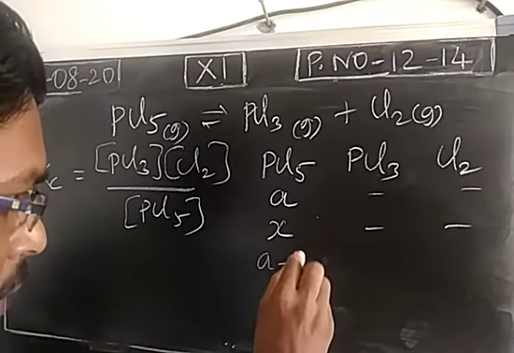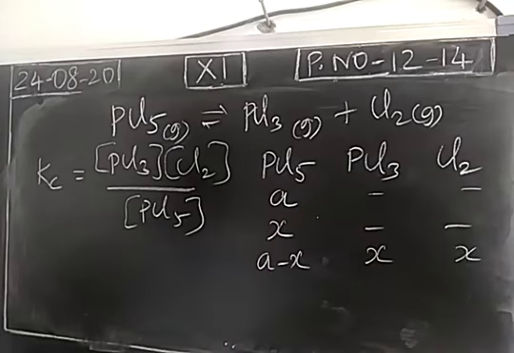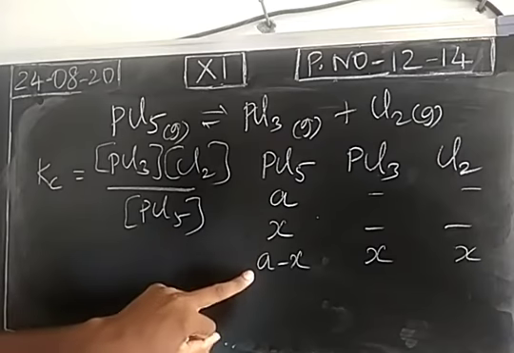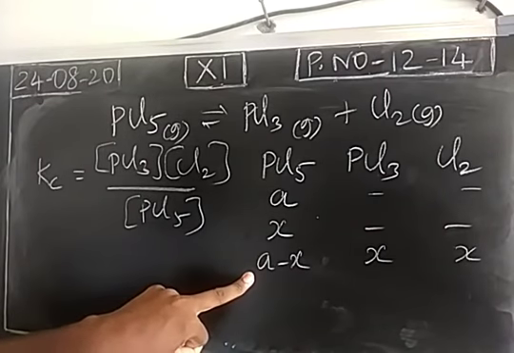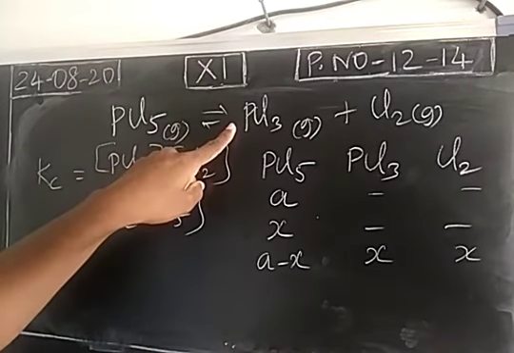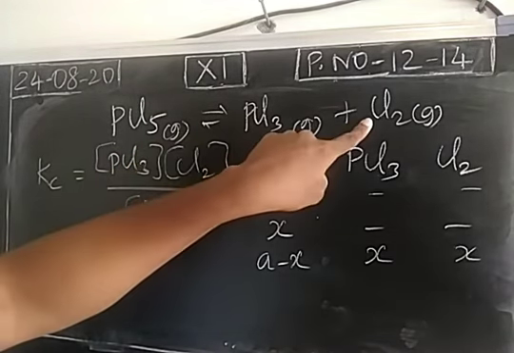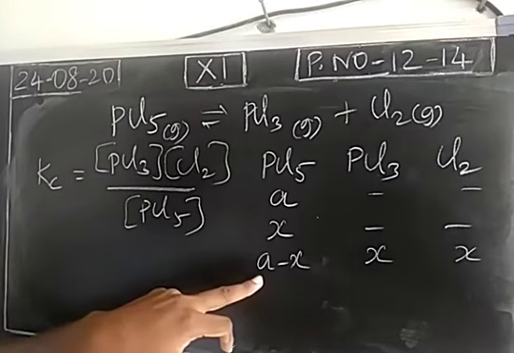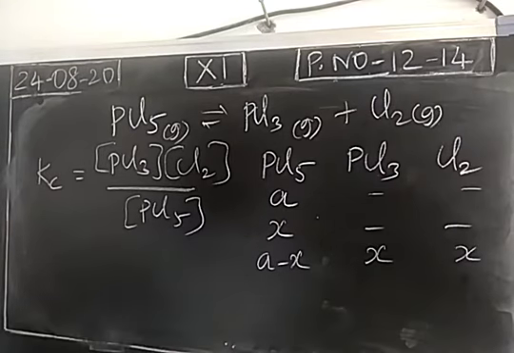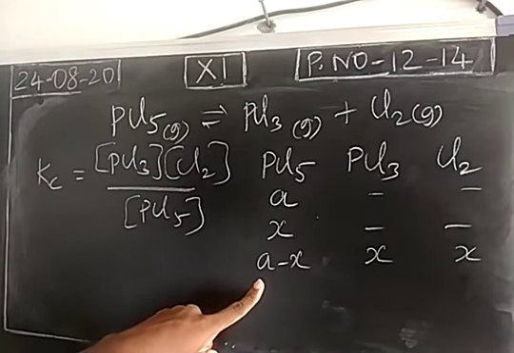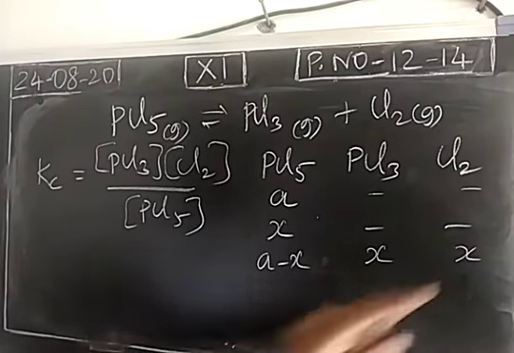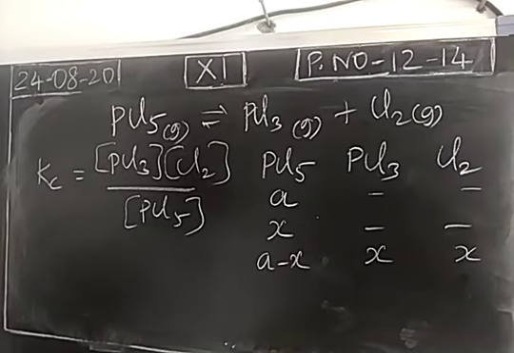Remaining number of moles: A minus X, X, X. If 1 mole is dissociated, it produces 1 mole PCl3 and 1 mole chlorine. So X mole dissociated will produce X mole of PCl3 and X mole of chlorine. So remaining moles at equilibrium: PCl5 is A minus X, and the products PCl3 and chlorine are X. Total volume is assumed as capital V.